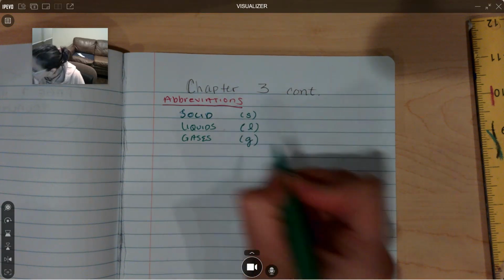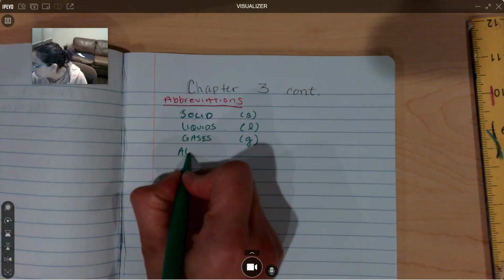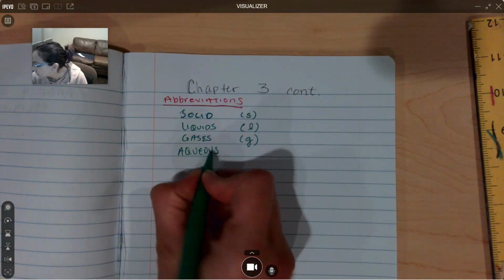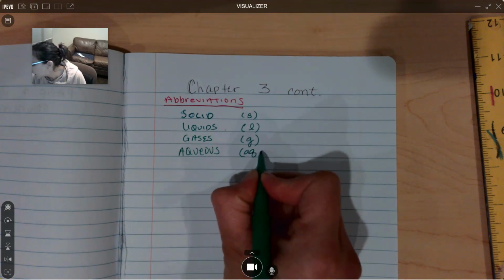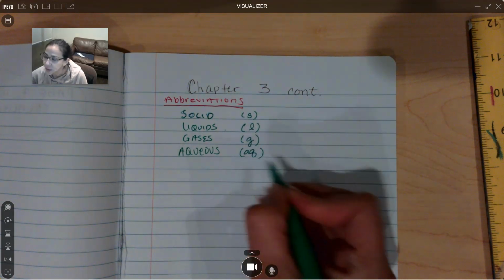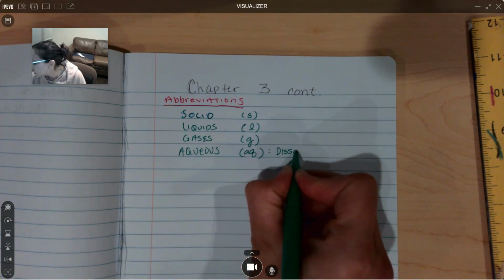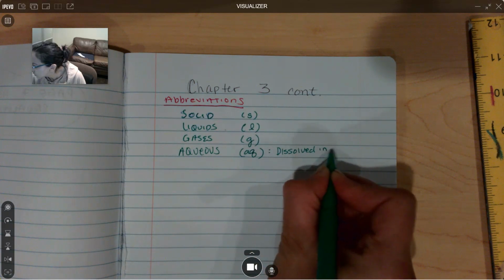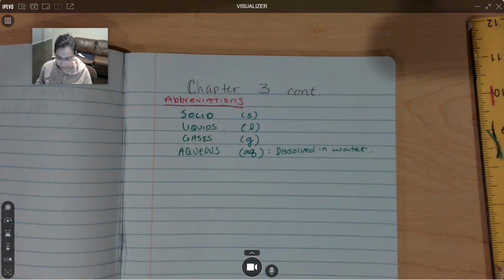And gases, like this. Now, another symbol that you're going to see belongs to aqueous, and that's going to be AQ, an A and a Q. And aqueous means dissolved in water. So that's what aqueous means.